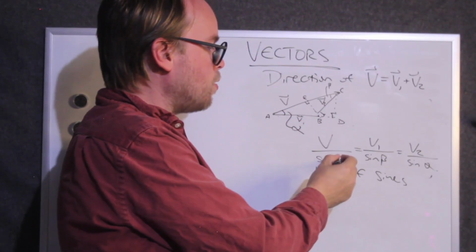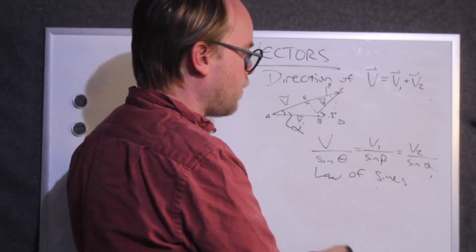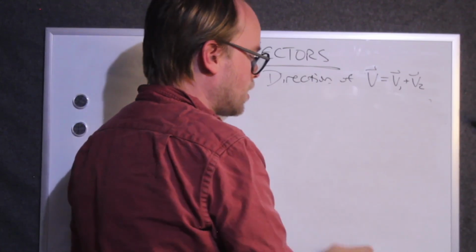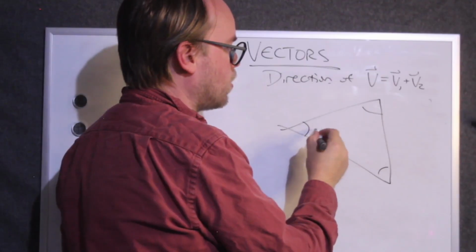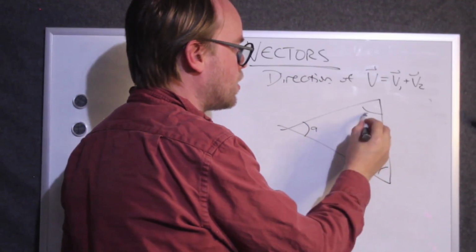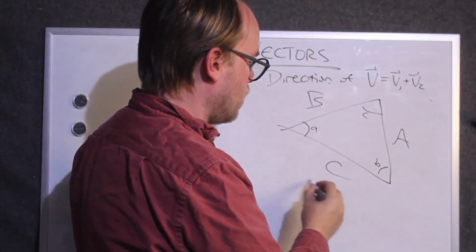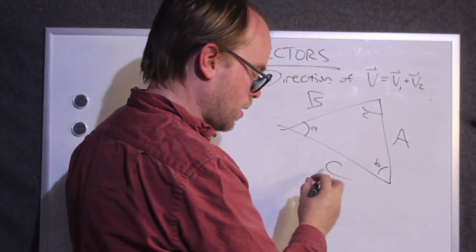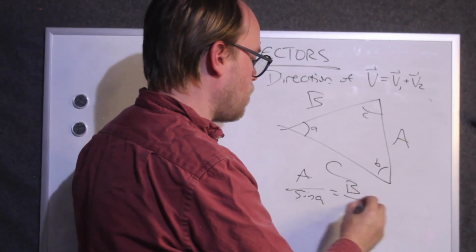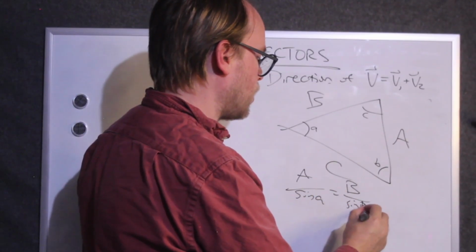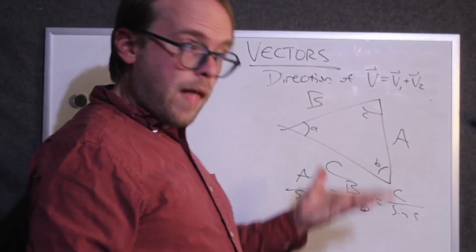You have to be careful with what you mean by theta. The classic mathematical definition of law of sines just gives you a general triangle with angles A, B, C and sides a, b, c, and says a over sine A equals b over sine B equals c over sine C. And that works.